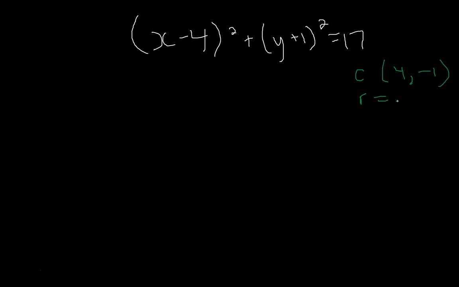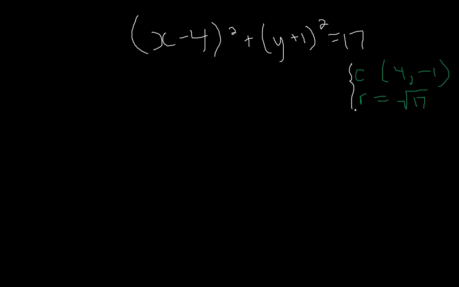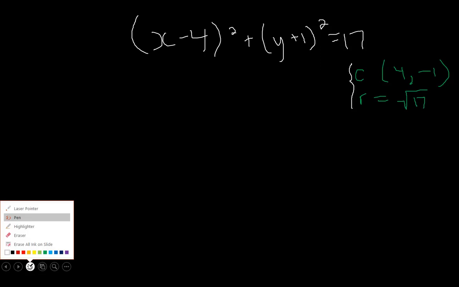No. Well, actually, the exact answer is the square root of 17. You understand that? Okay, miss. Anybody else got these answers? Yes, miss. Nice. Good job, good job, good job.